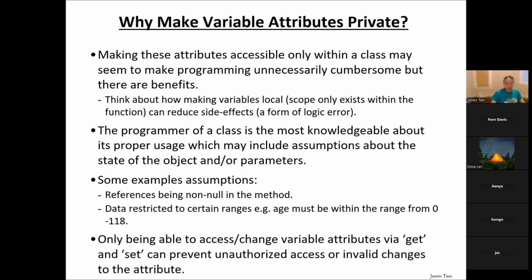Could be an assumption inside a method that a reference parameter is not null, because we might need to call a method. If it's null, then it's going to have a runtime exception. Some other assumptions may be necessary, not just range values. Having access only changing, the ability to change through mutators can reduce these problems, as you will see.